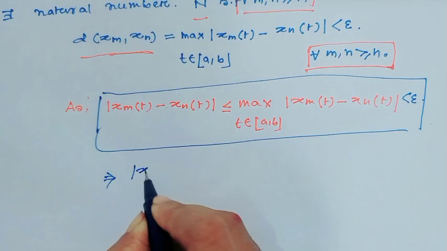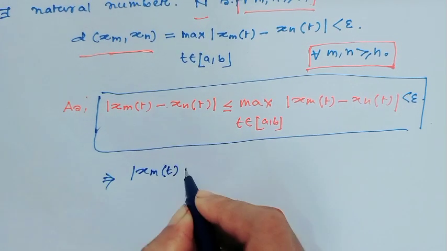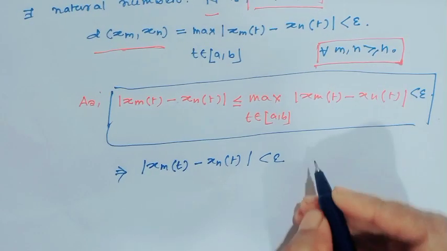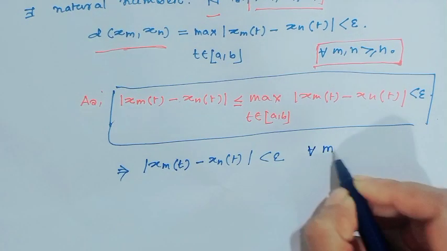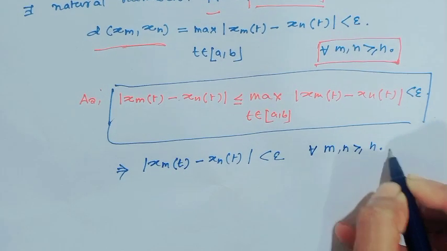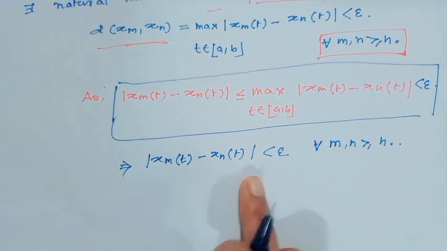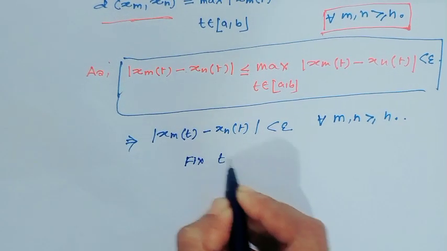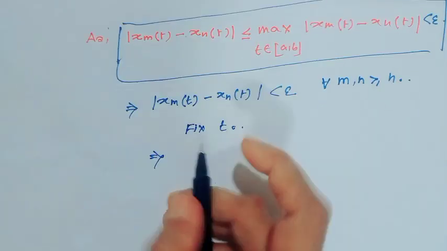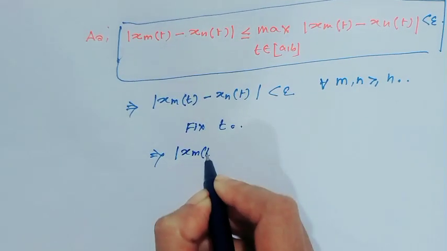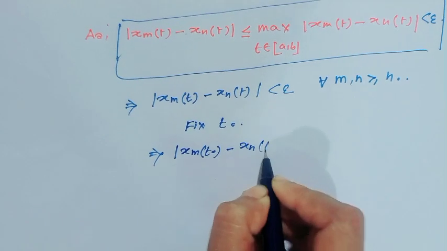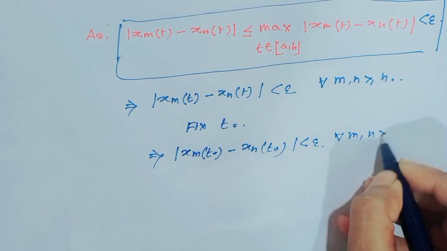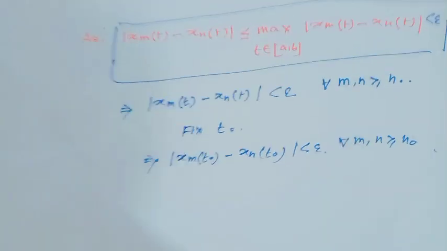As |x_m(t) minus x_n(t)| is less than or equal to the maximum over t of |x_m(t) minus x_n(t)|, this implies |x_m(t) minus x_n(t)| is less than epsilon for all m, n greater than or equal to N, and since this is true for all t, if we fix one t0, then |x_m(t0) minus x_n(t0)| is less than epsilon for all m, n greater than or equal to N.